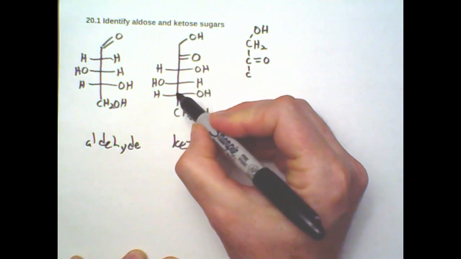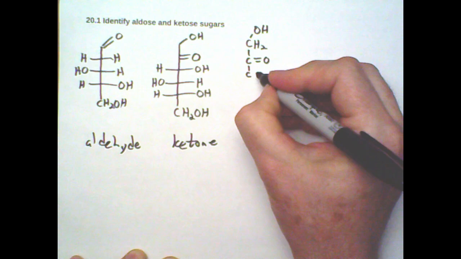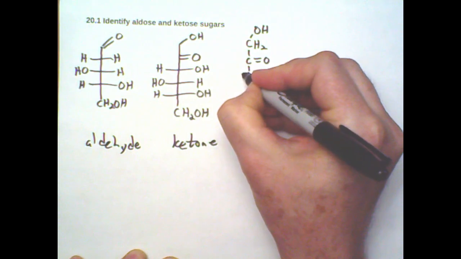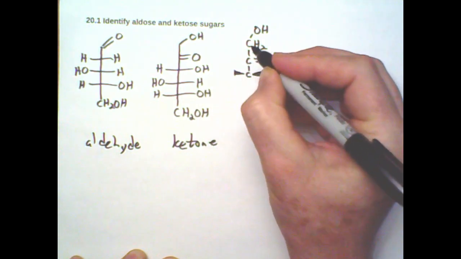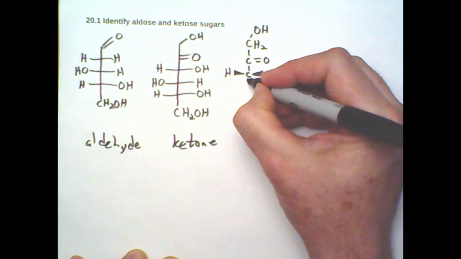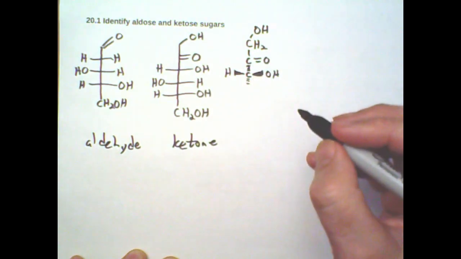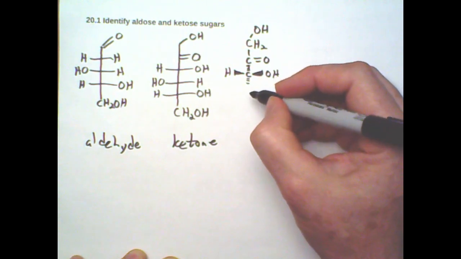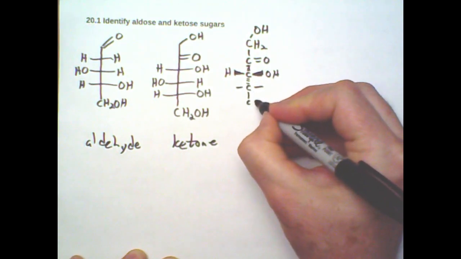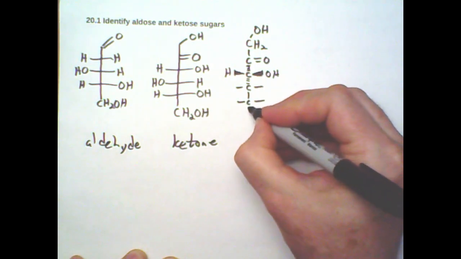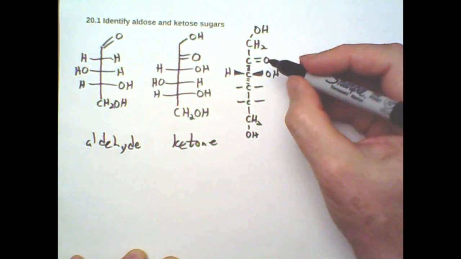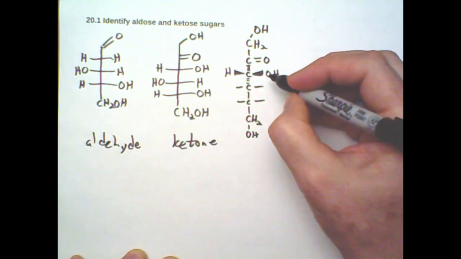Every one of these points is a carbon, with an OH and an H, both coming out, and the bonds up and down are both going back, and you've likely watched a video on this, so I'm not going to do all of it. So every one of these is a chiral center.